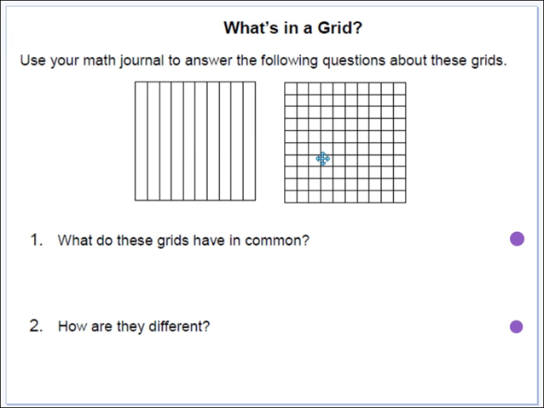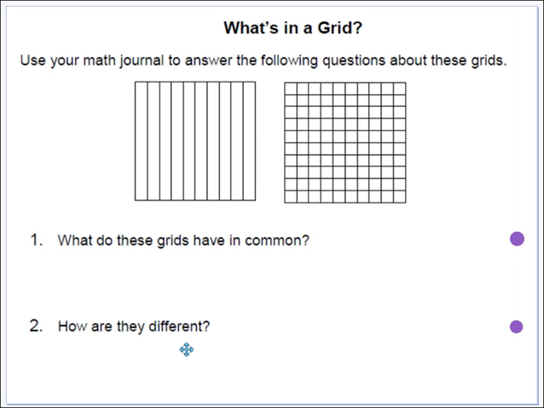That's really 10 things multiplied by 10 things, which gives me 100 things. So I want you to think about, what do these grids have in common and how are they different? Go ahead and pause the video for a minute or so, think about that, and then press play and we'll go over the answers.